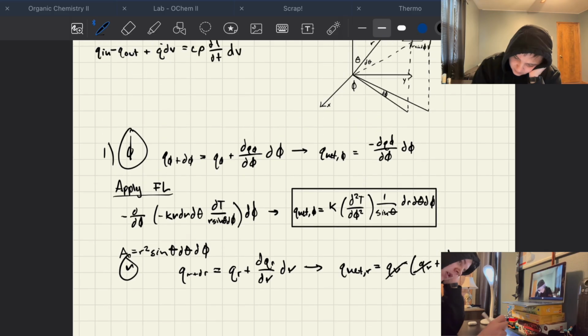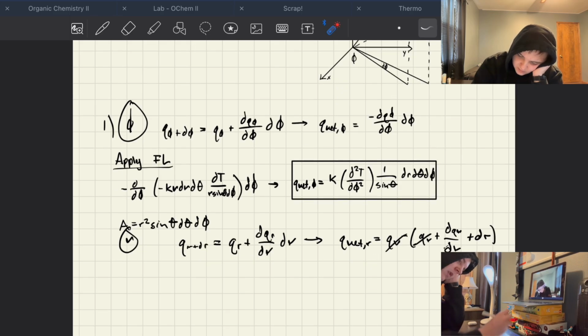You can see here and here I simplified, but on this part I actually wrote it fully out. This is what you would get, but then these two values inside cancel, which just gives you the negative. So this would simplify to negative dq r over dr.